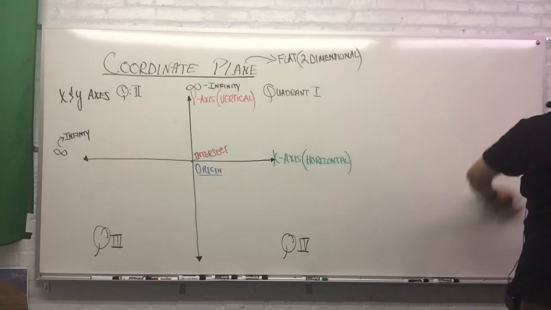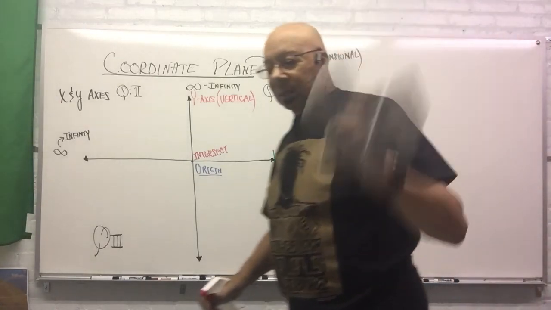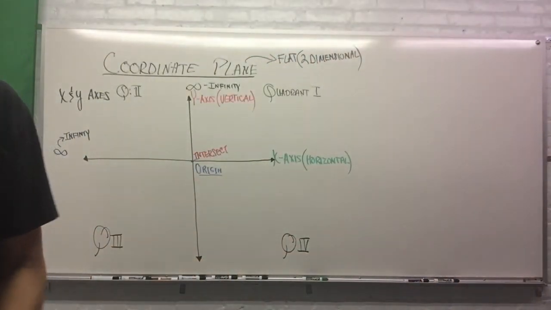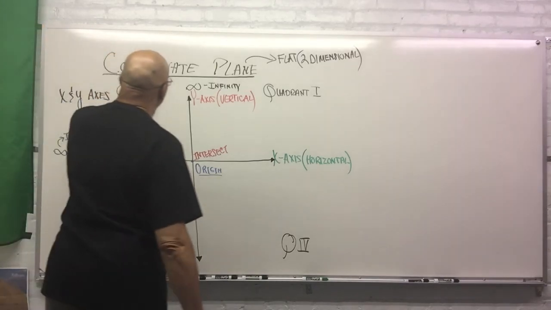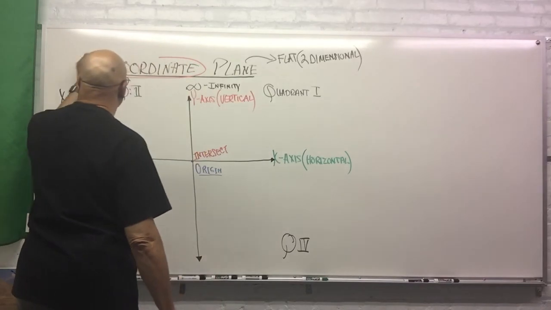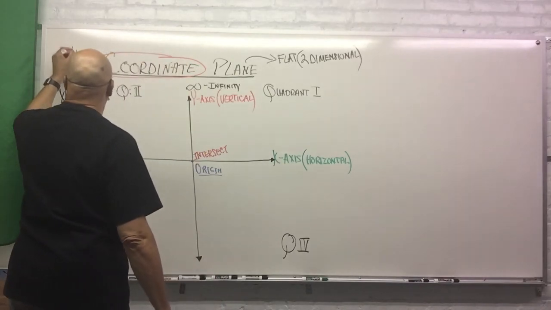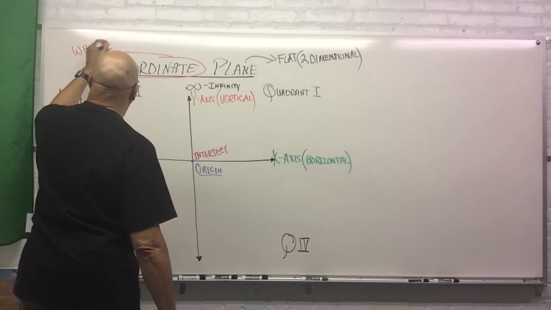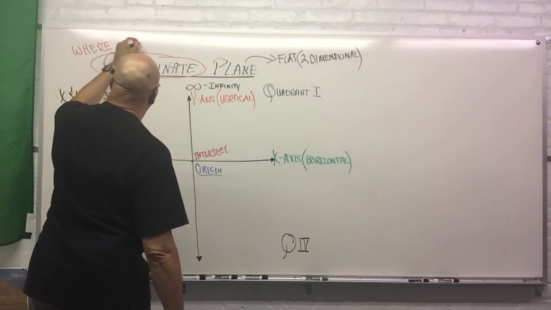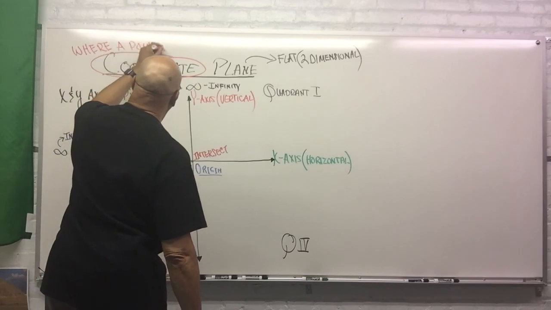So we need to understand dimension right now. And coordinate, the word coordinate here tells us where a point is located.